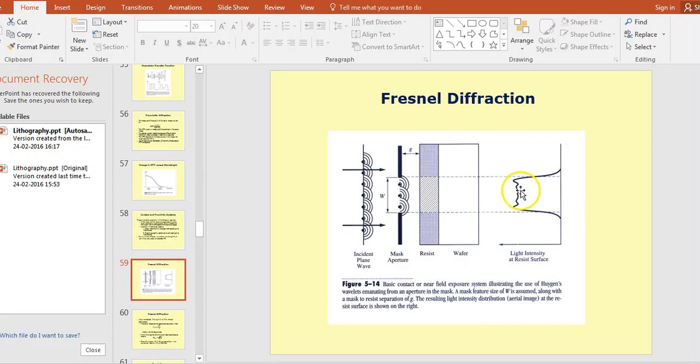So sharply it will decrease at the edges, and this variation in the intensities in the center and at the edges of the image plane will give you the blurred or not clearly separated image. So this is the main limit of the diffraction when we talk about the projection printing system.